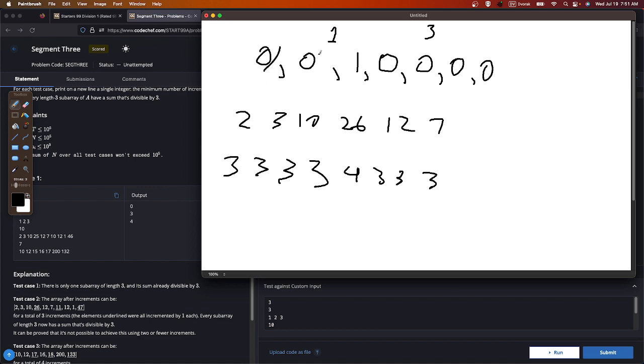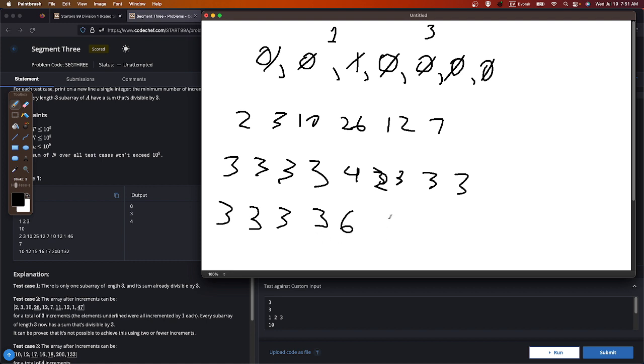So 3, 3, 4. Okay, this has to be a 2. Then 3, and then 3. So we just take the 3, we take the 3, we take the 3. Now there's this 4, that's 1. We have to do 6.